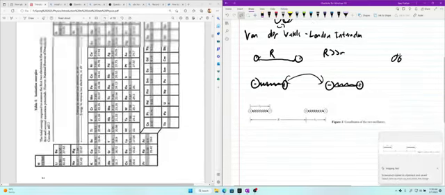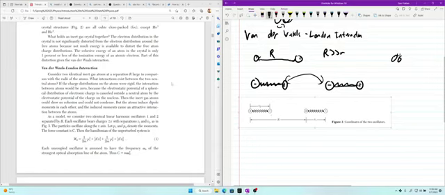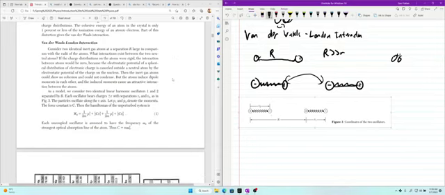Okay. What we can do then is write the Hamiltonian of the system. We know each oscillator has a charge of plus or minus e, 1.6 times 10 to the minus 19.